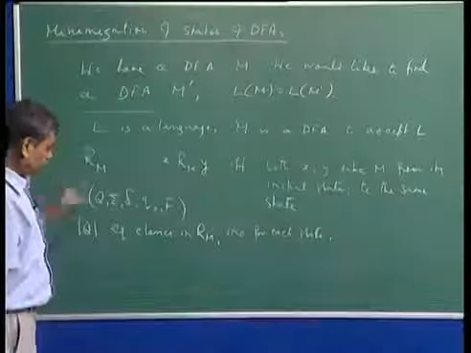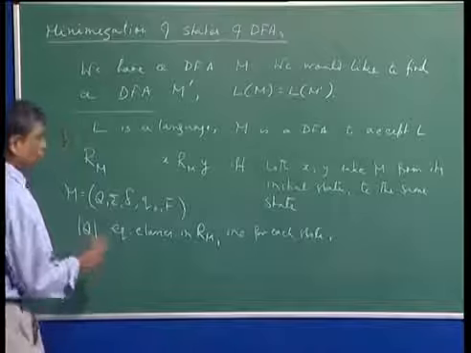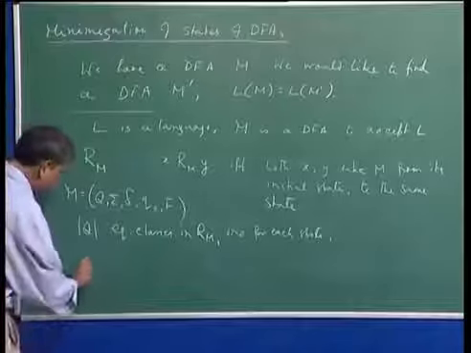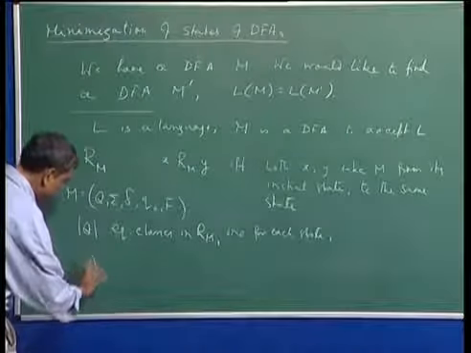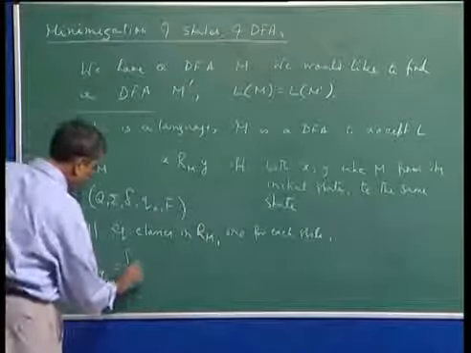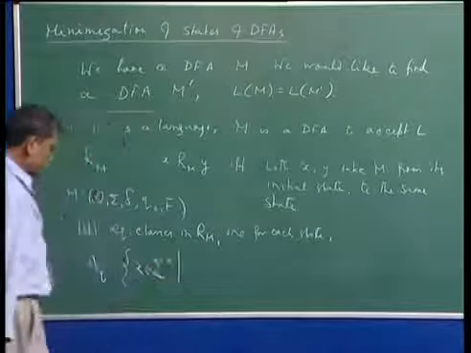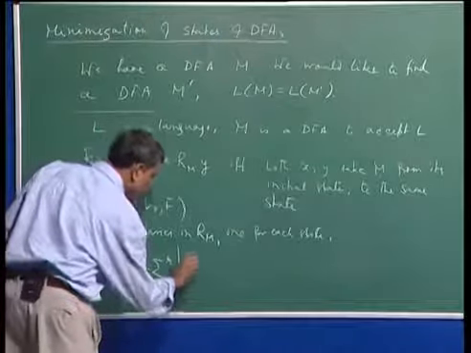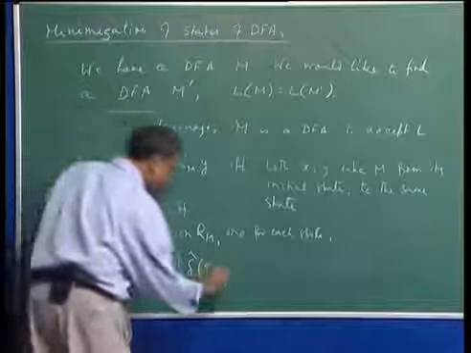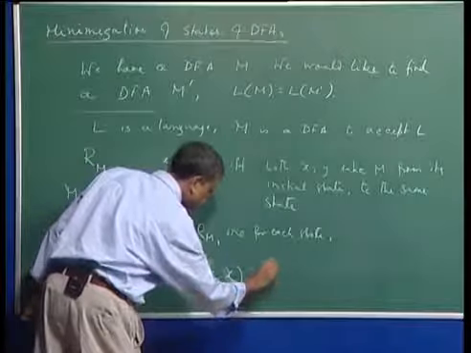And we remember that corresponding to state q, the equivalence class, maybe I can call it Aq, is the set of all strings x in Σ* such that δ-hat(q0, x) is q, right.